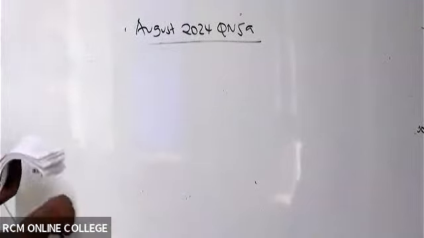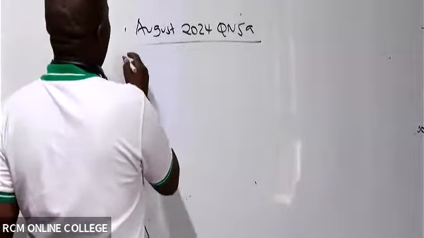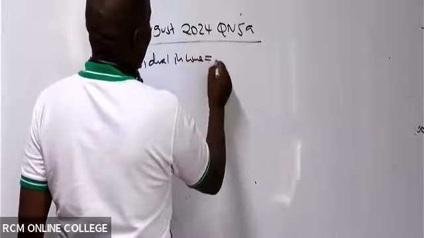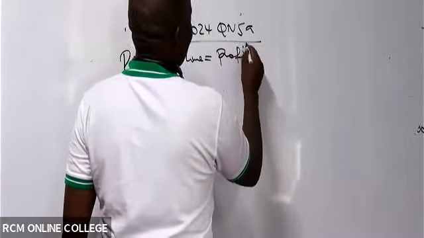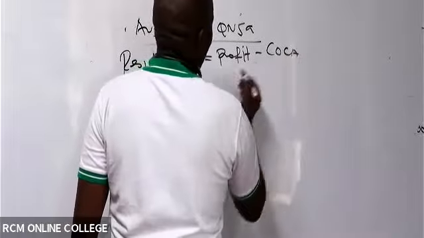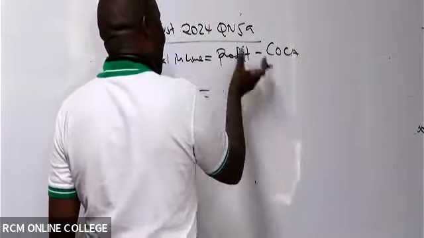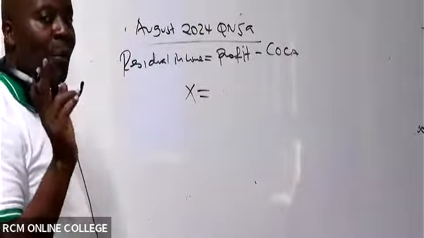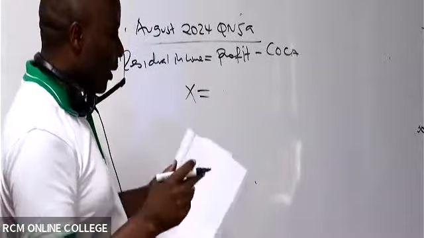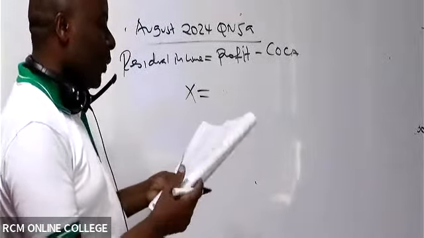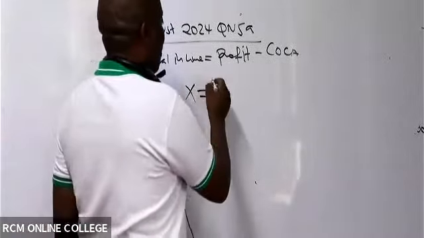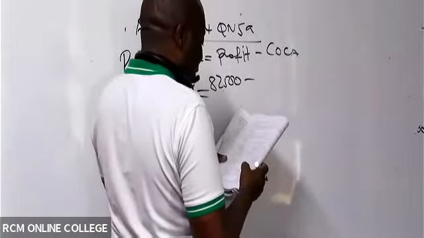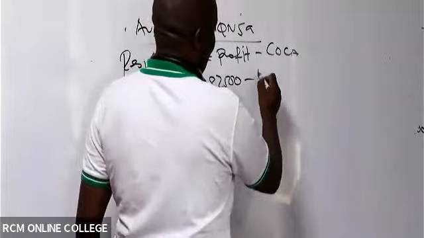All right. So then we have here our residual income, which is profit minus cost of capital employed. For X, remember, in most cases in these performance appraisal models, we prefer operating profit. So the operating profit for X is 82,500 minus cost of capital. Are you able to see the cost of capital down there? They give us a cost of capital of 12%.